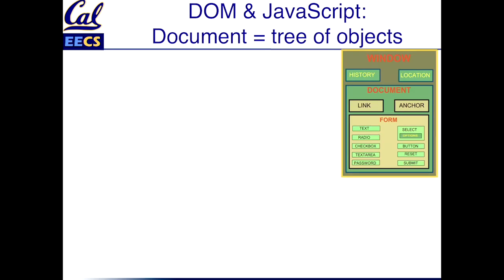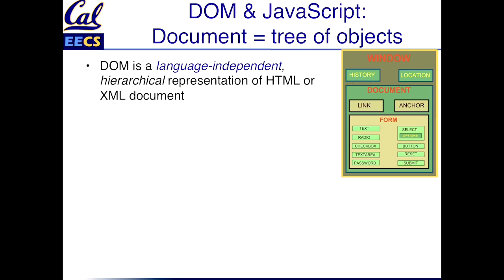As a preview of where we're going with some of this, we're going to be talking a lot about the Document Object Model. This is a lovely, largely puke and olive colored diagram. I don't even remember where I got it. But basically what I'm trying to represent here is that this is supposed to be a language-independent hierarchical representation of an HTML or an XML document, semi-structured data. The language-independent part is important because most people think of the DOM as being a JavaScript thing, and it's really not.